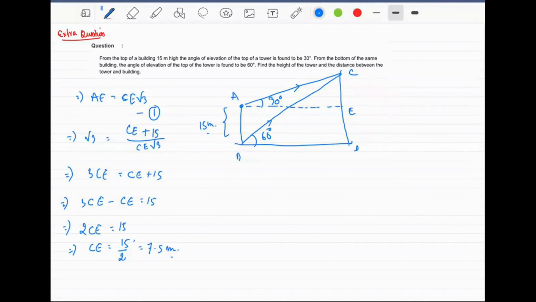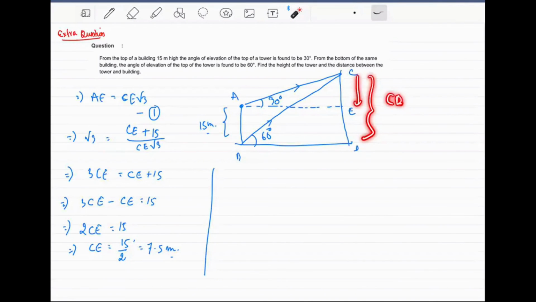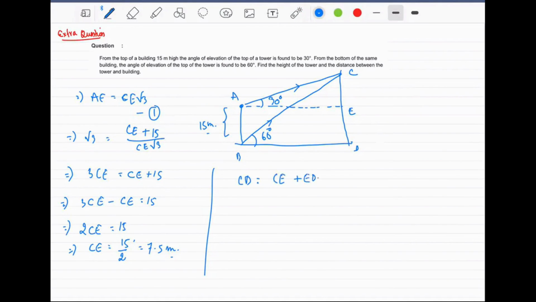So if I want to find out this whole portion CD, I have to break it down into two parts, CE plus ED. So CD will be CE plus ED. The CE part will be 7.5. And the ED part will be how much?